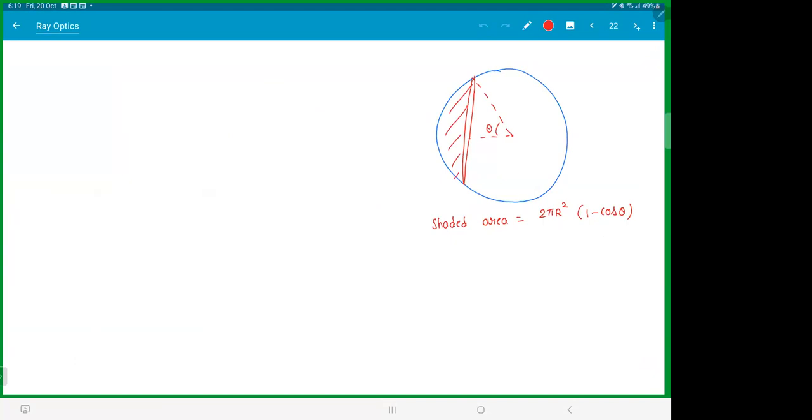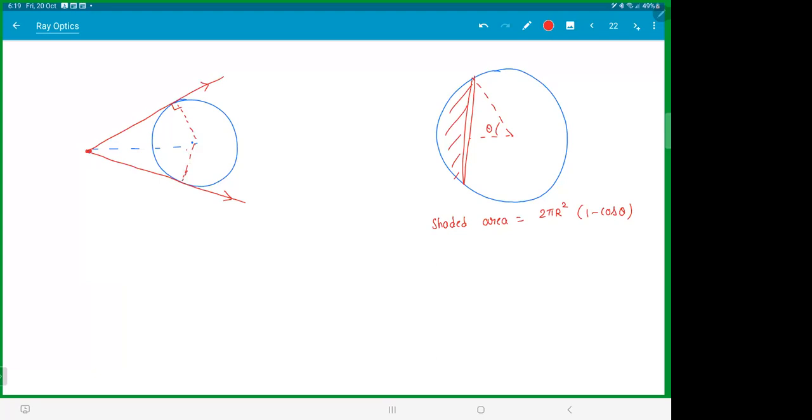See, so this was the sphere. This was the bulb. The light rays which become tangent, these are the last light rays, right? After that, there's no reflection. So these are the final rays which become tangent basically.